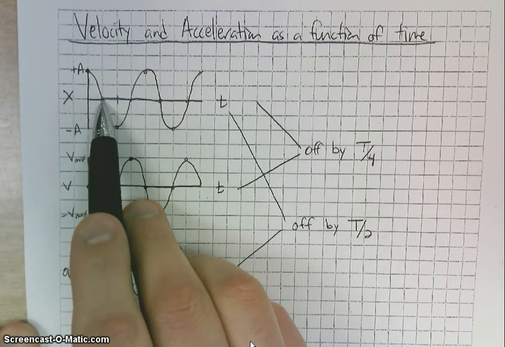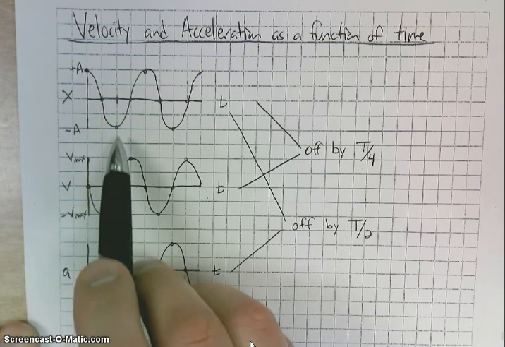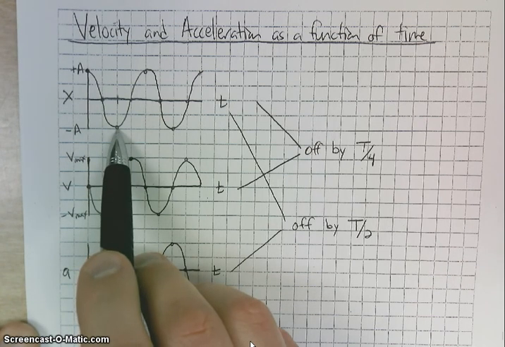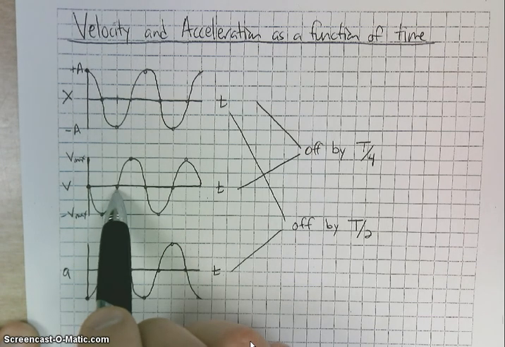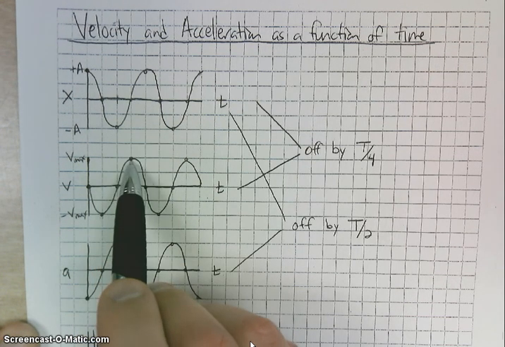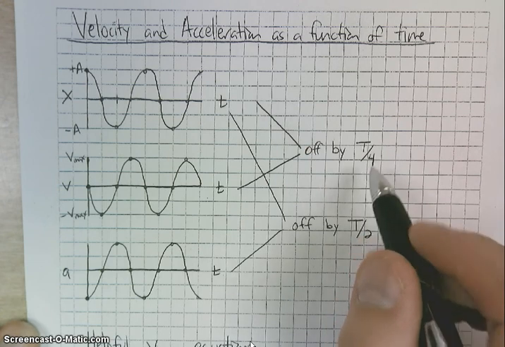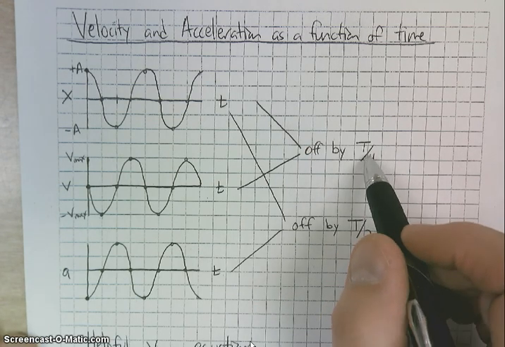When position is 0, velocity is at its max. When the position is at its max, velocity is 0. When position is 0, velocity is max. So they are off by a quarter of a wave, or in this case, a quarter period.